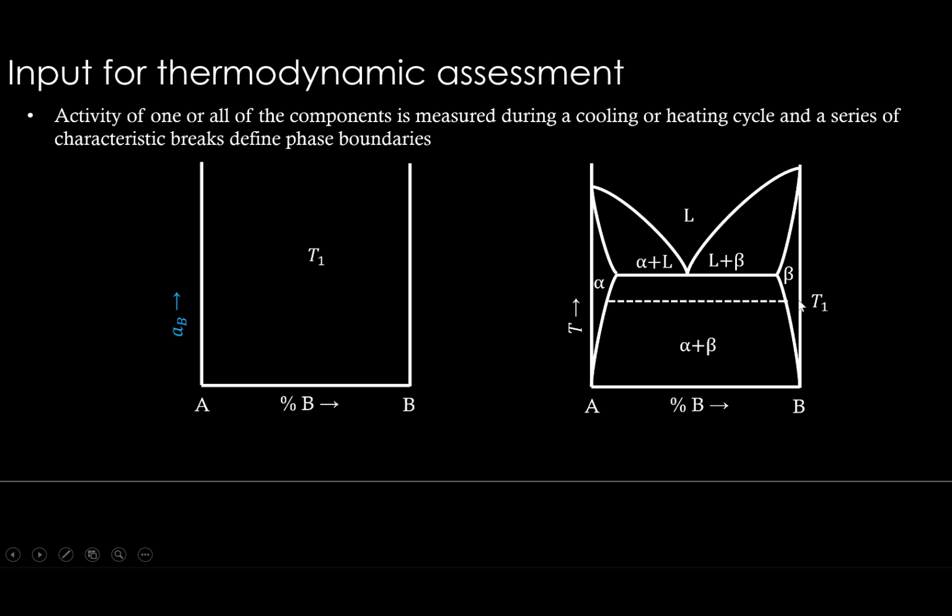So B will be pure B at the right extreme. So chemical potential or activity of B at this right extreme is going to be 1. Activity of B is 1 for pure B, right? And before that, activity of B will keep on decreasing from 1, right? Because A is getting dissolved up to this point. From right to left, if we move, it will come down from 1 to some other fraction, right?